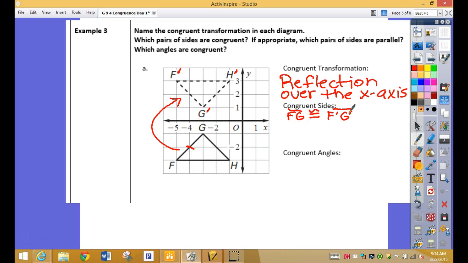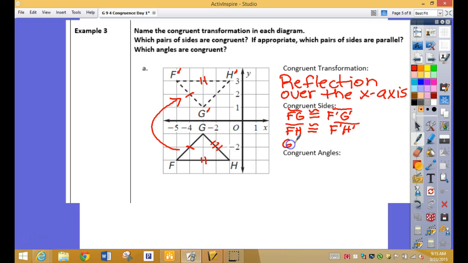We're not done. We know those are congruent. What is congruent to FH? FH is congruent to F prime, H prime. And finally, the third one, what's congruent to GH?